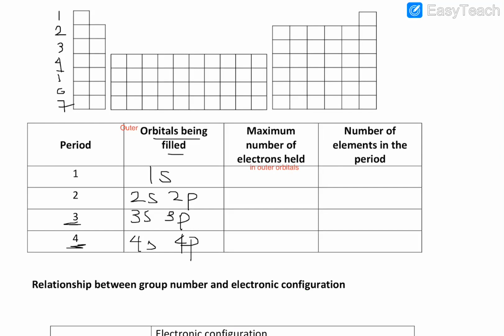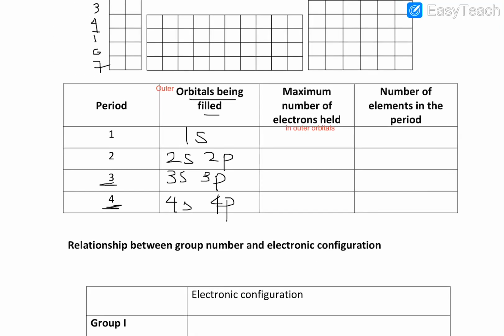Maximum number of electrons. In the 4th period there is 3d, 4s and 4p.